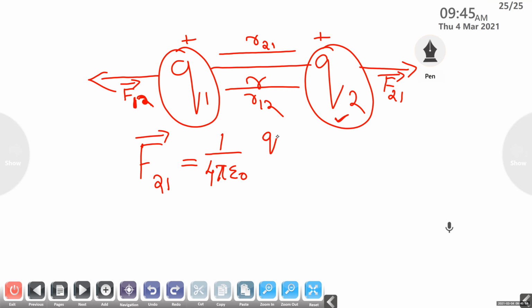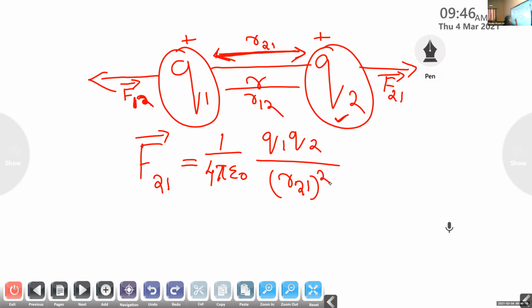Q1 Q2 divided by the distance of separation between them. Q1 repels Q2 over this distance, that is R21. So R21 the whole square, and since it is a vector, times R21 cap, where R21 cap is a unit vector.